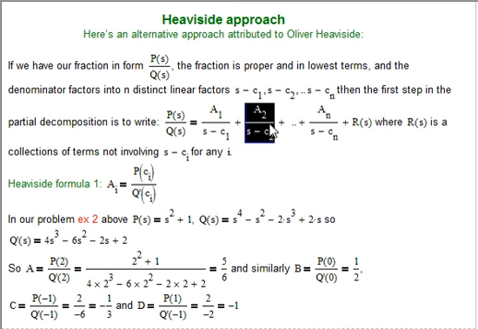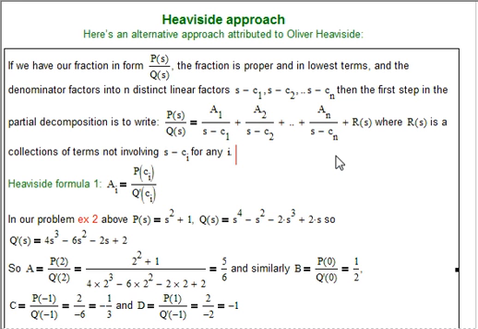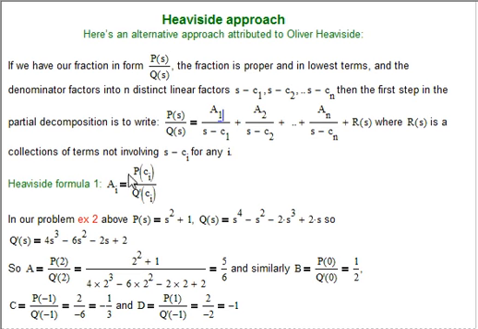This fraction, dot dot dot out to this fraction, plus some remainder R of S, a collection of terms not involving S minus Ci, if there are any. And so Heaviside Formula 1 says the A sub i, every one of those, is P of Ci over Q prime of Ci, this P and this Q.